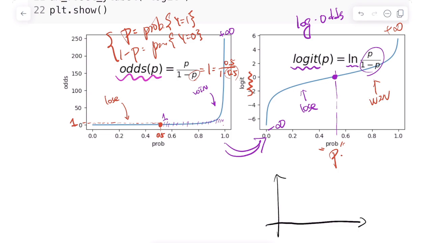We put p right here, and we put the logit value right here. The shape of this figure would be very nice, which means the probability will still be between 0 and 1, and the logit value will be something like this.